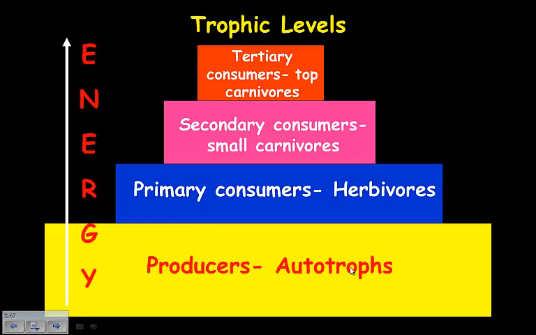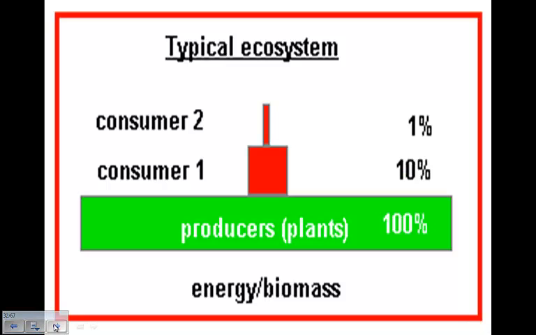Then there's less primary consumers, the herbivores that are eating the plants, less secondary consumers, those are the carnivores that are eating the herbivores, and then even less tertiary. So there's a transfer of energy, but there's also a decrease in the number of organisms at each of those levels. And here are the math numbers.